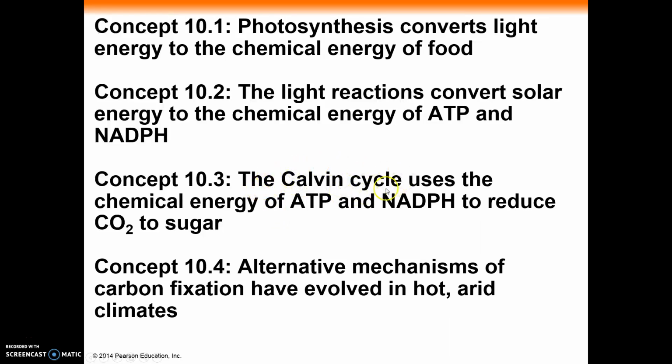Now, there's this thing called the Calvin cycle, which then utilizes this chemical energy to reduce carbon dioxide into sugar. And there are some alternative mechanisms to help this system work in hot, arid climates.